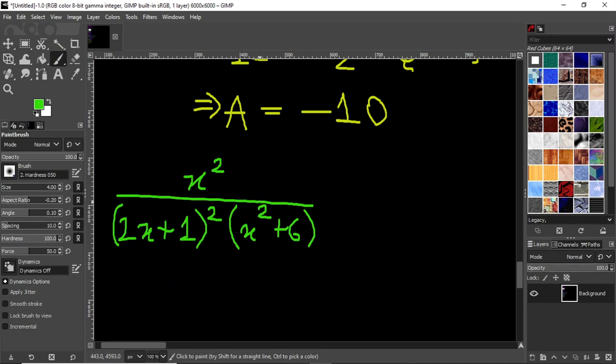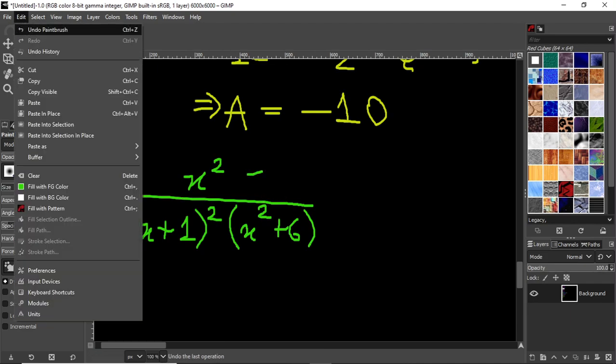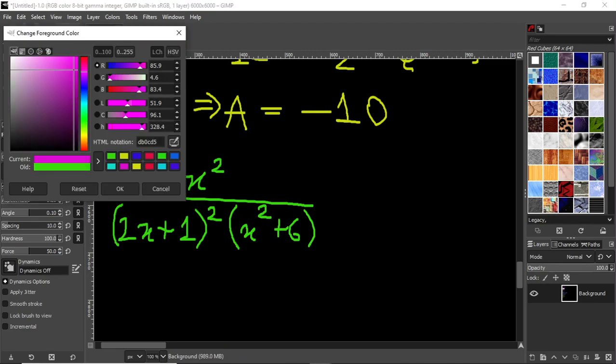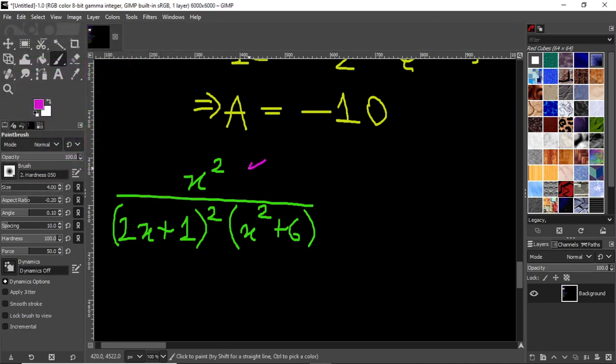So step 1: this is degree 2, this is 2 plus 2 is 4, this is degree 4. First step check, don't need to divide.